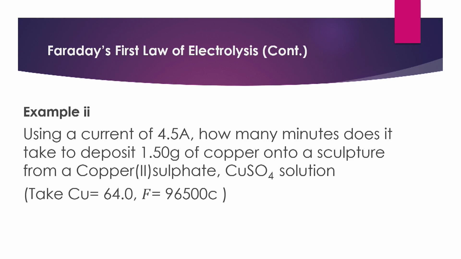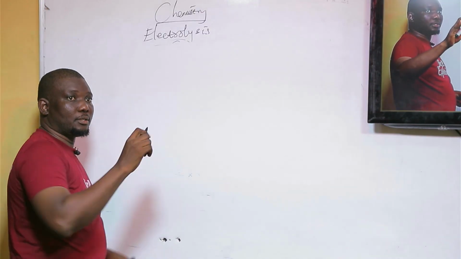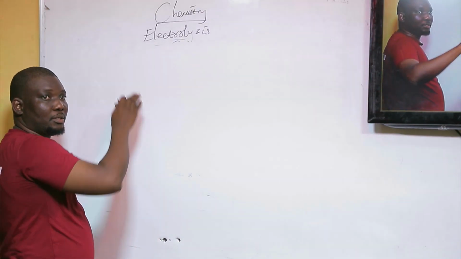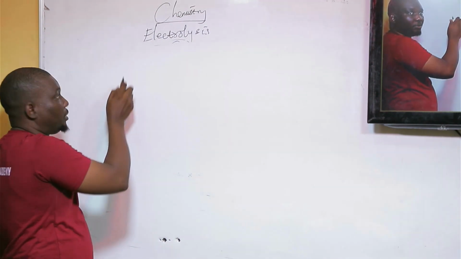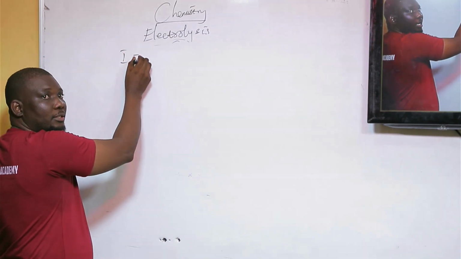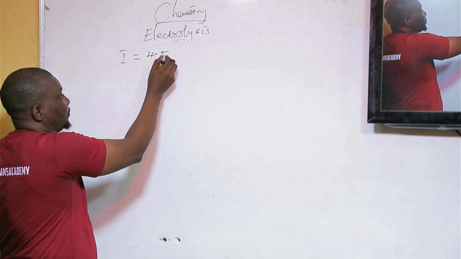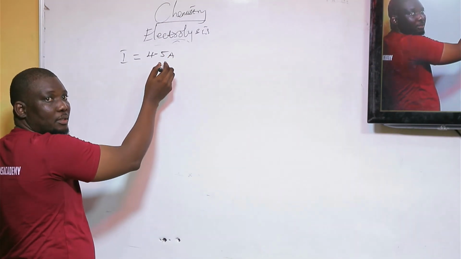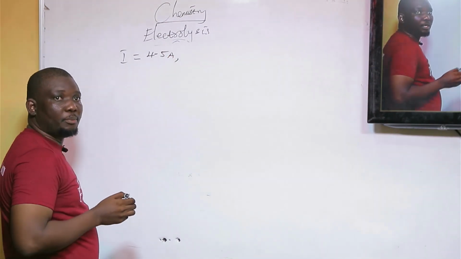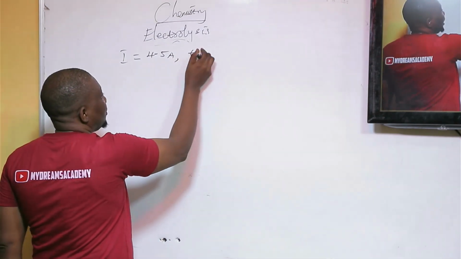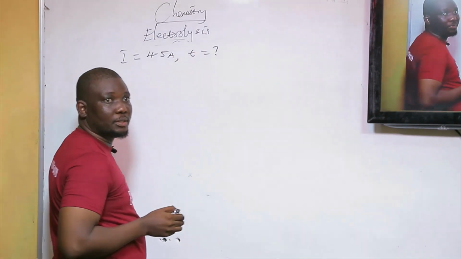Okay, so let me interpret this in data form. Current is I, so I is what? 4.5 amperes. How many minutes? So time is not given.